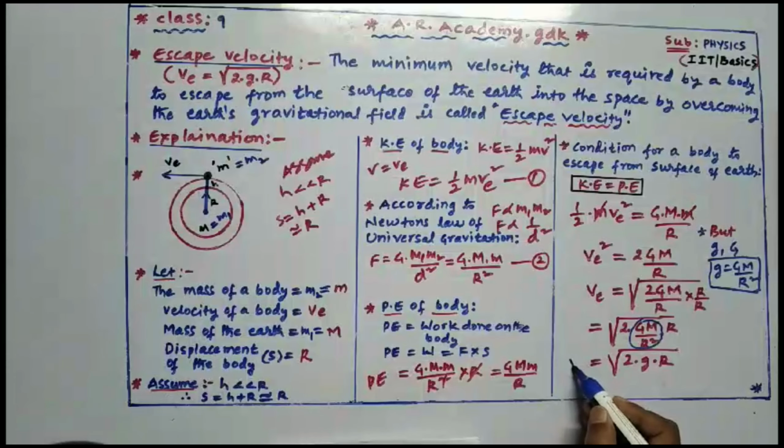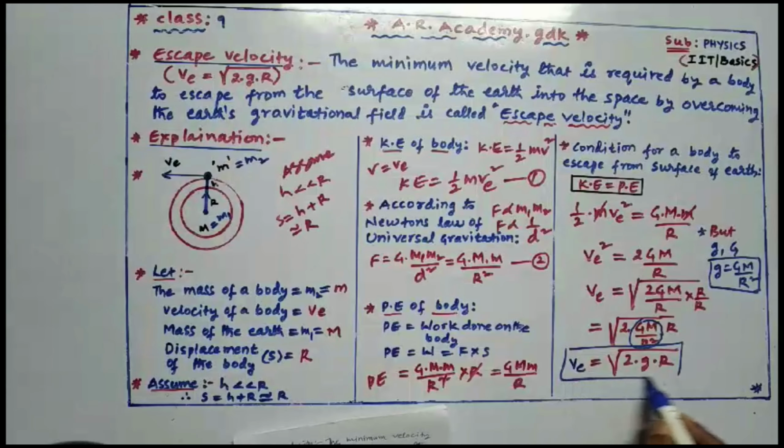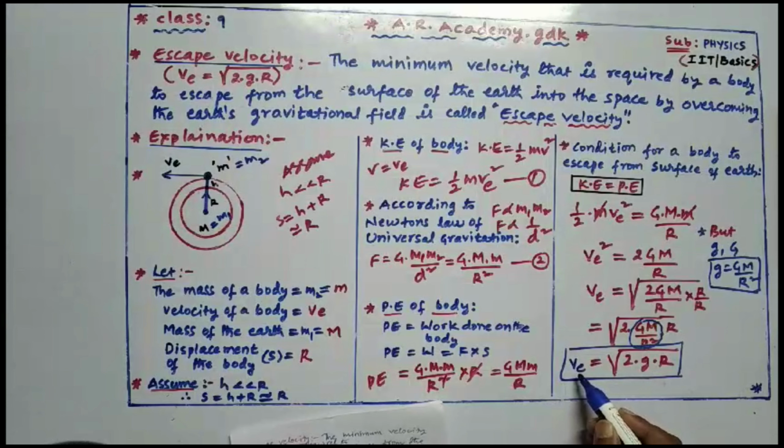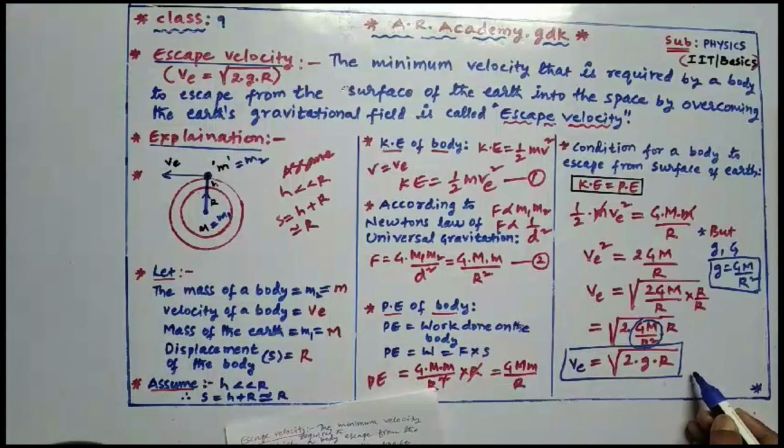So we got VE equals square root of 2gR. This is the escape velocity formula required to escape from the surface of the Earth, overcoming the gravitational field of the Earth.